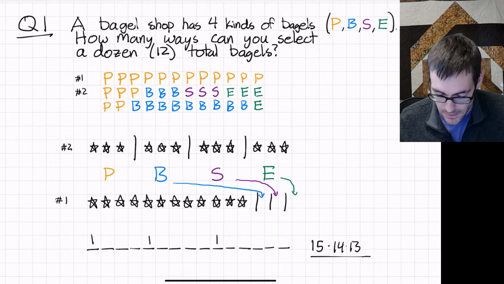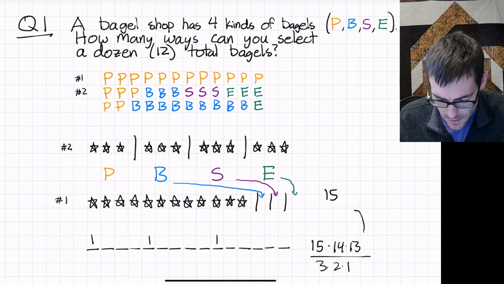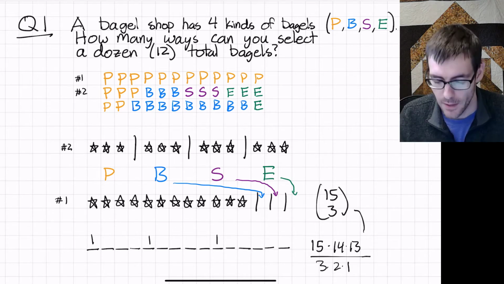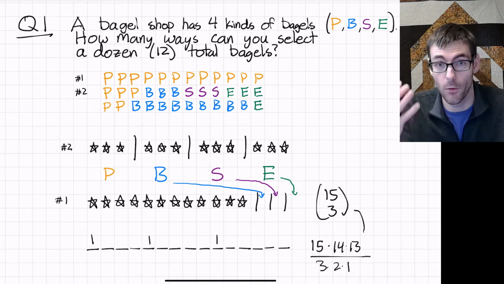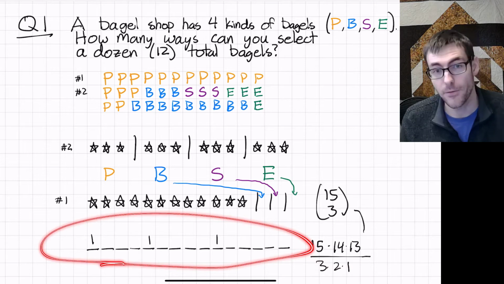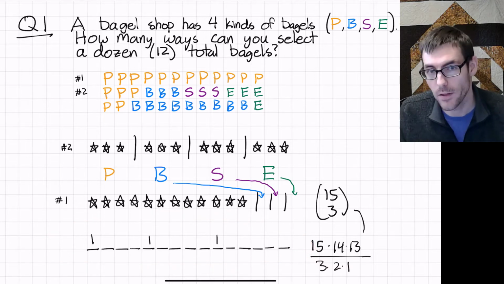We've seen questions like this before: divide by 3 times 2 times 1. Or, put another way, the count that we're after is the combination of 15 and 3. How many choices are there for 3 bars out of 15 possible slots where the order isn't relevant to us?